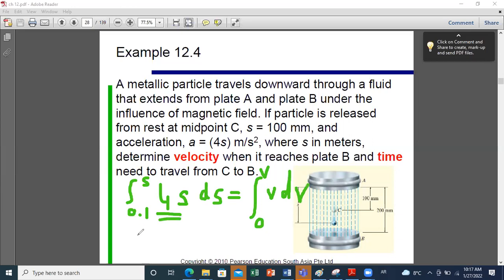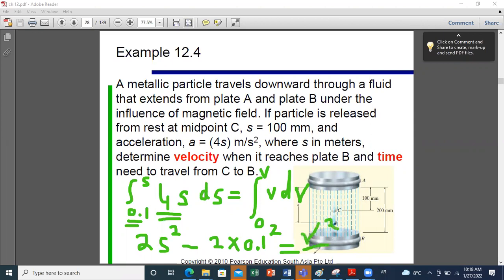The integral of 4s is 2s squared. So I have 2s squared minus, if I apply the boundaries 0.1, 2 times 0.1 squared, equals, from the other side, the integral of v with respect to v is v squared over 2. So this corresponds to v squared over 2 minus 0, so it's v squared over 2.